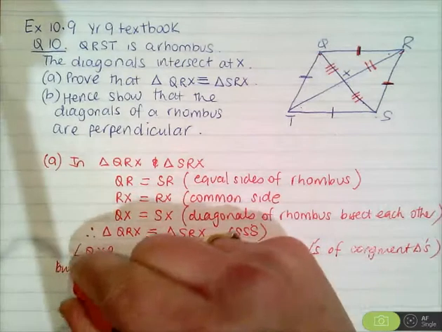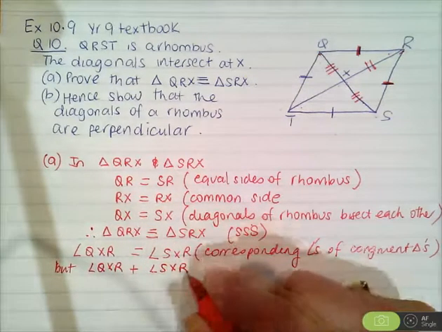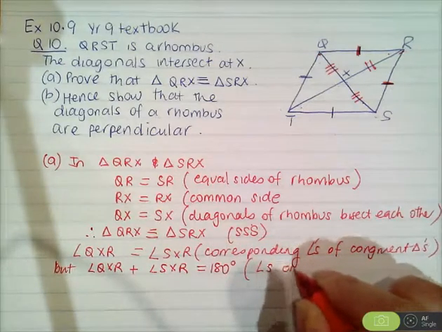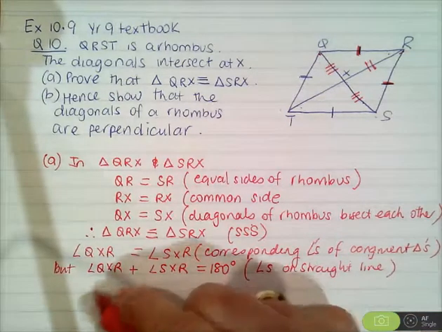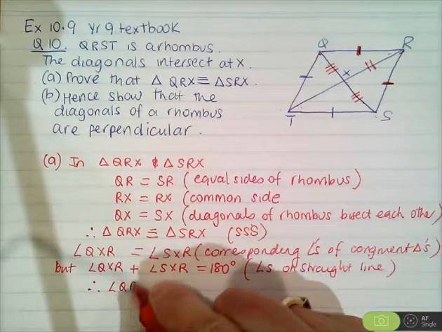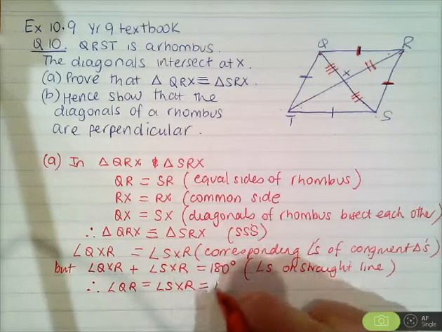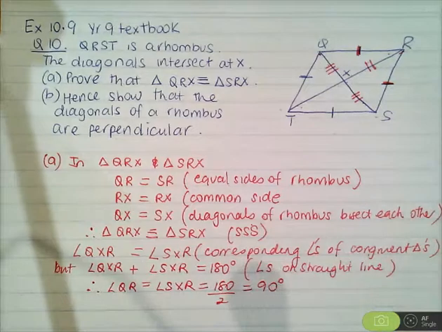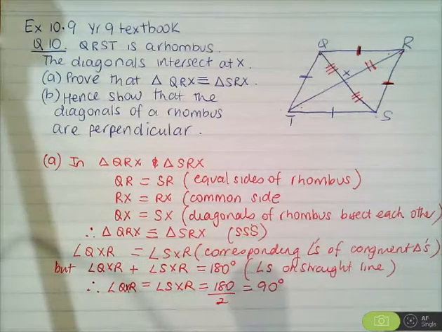But we can also say that angle QXR plus angle SXR are equal to 180 degrees, reason: angles on a straight line. Therefore, angle QXR is equal to angle SXR. If they're both equal and they add up to 180, then they both must be 180 divided by 2, which is 90 degrees. So I've got angle QXR equals angle SXR equals 180 over 2, which is 90 degrees.